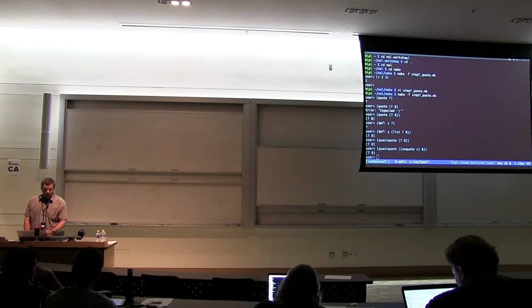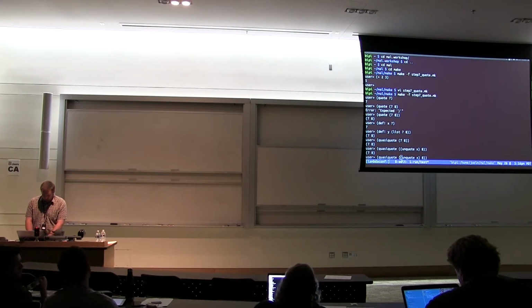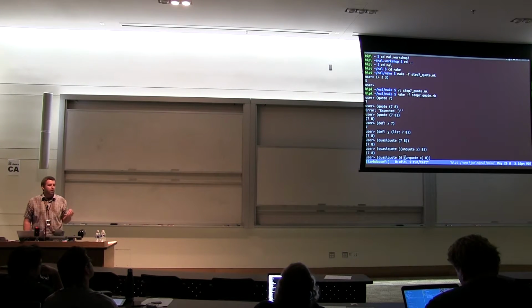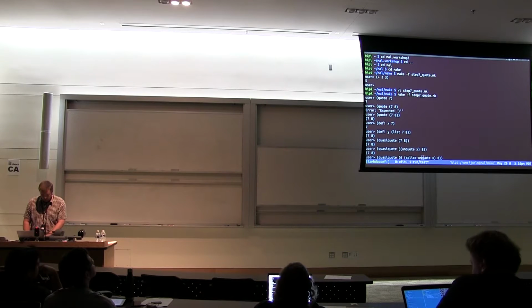So quasi-quote, when it encounters the unquote X, what it does is it steps back and says, okay, I want to reactivate the evaluator just for this thing, and then insert it right here. And there's another special form that only can happen inside quasiquote, unquote, and splice-unquote.